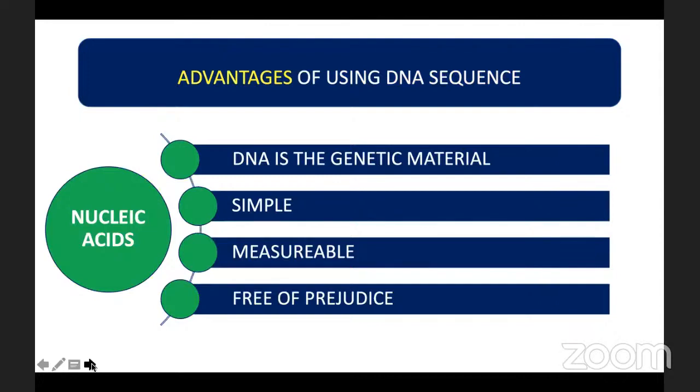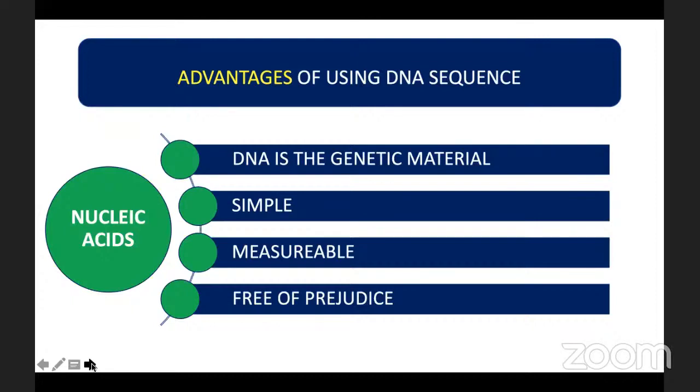DNA sequence is the genetic material passed from parents to offspring or from parent cells to daughter cells. Thus, evolutionary relationship between organisms sharing similar characteristics can be traced by using this information.